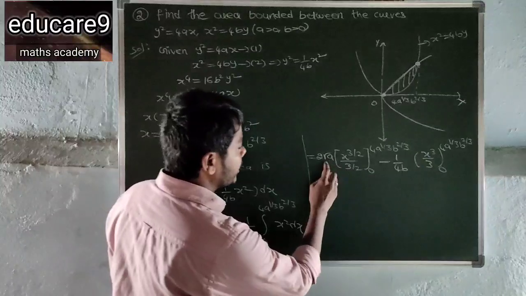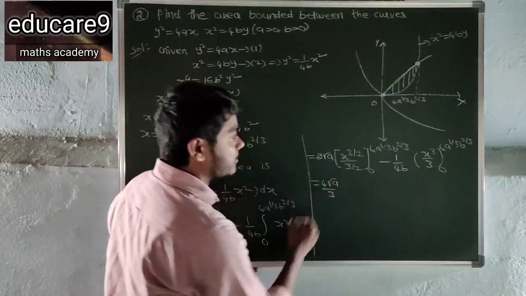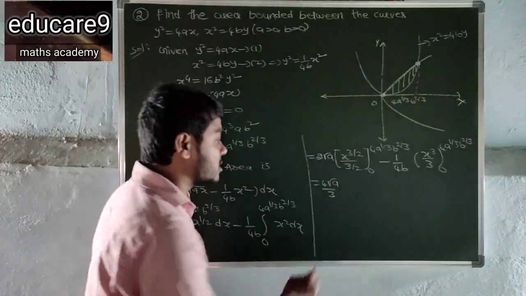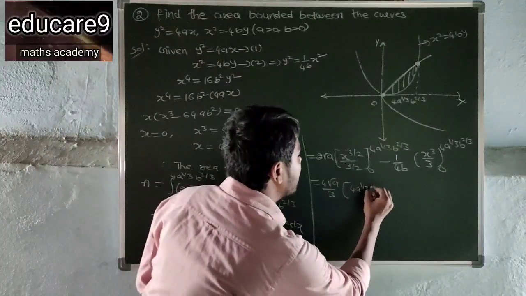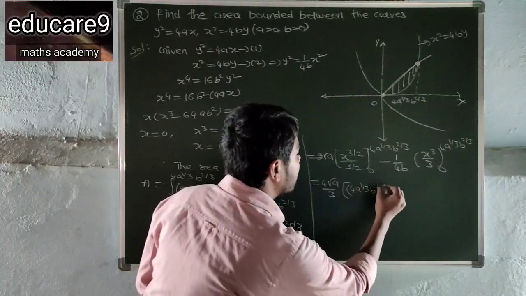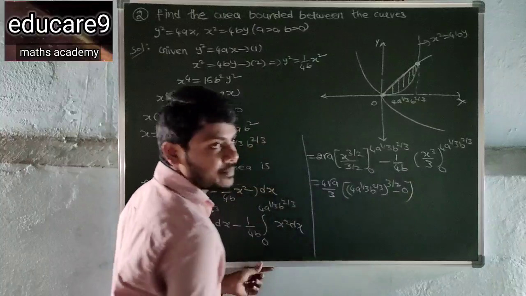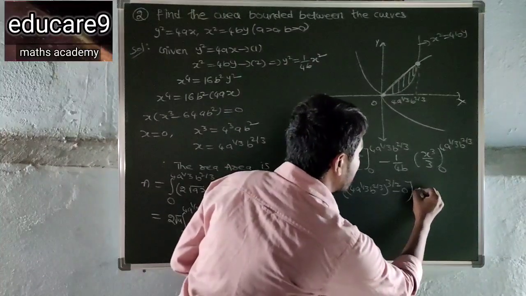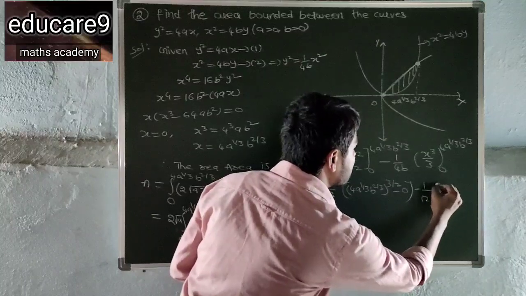Now this is 2 into 2, so 4 root a by 3, and apply the upper limit first, that is 4a power 1 by 3 b power 2 by 3 whole to the power of 3 by 2 minus 0, and again minus 1 by 3 into 4b, that is 12b.